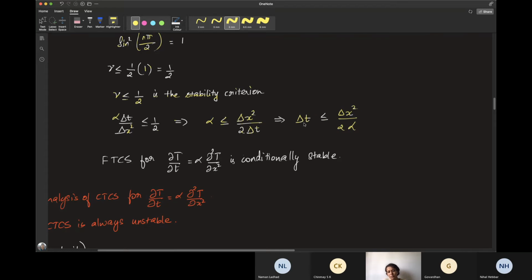If my delta t is greater than this term, then the numerical scheme won't be stable. So the error that you introduce will keep growing over time, and eventually you won't converge to the solution at all. In that case, you won't be obtaining any solution. You'll only see oscillations or blowing up. So it's always important that you choose delta t such that this restriction is satisfied.